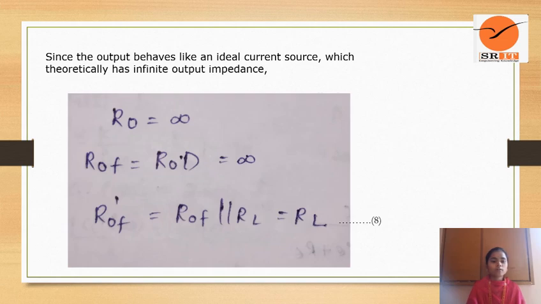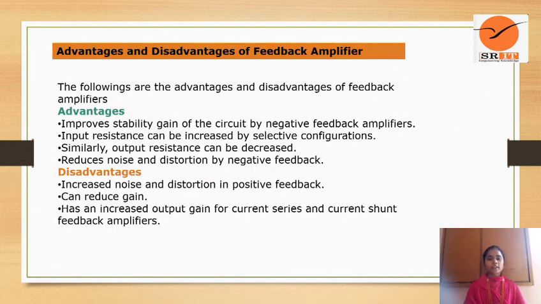Then advantages and disadvantages of a feedback amplifier. Advantages of a feedback amplifier: it improves the stability of gain and the circuit of the negative feedback amplifier. Input resistance can be increased by selective configurations.